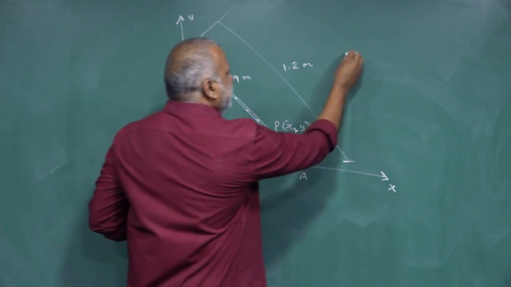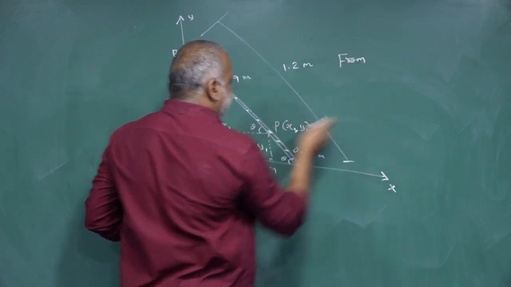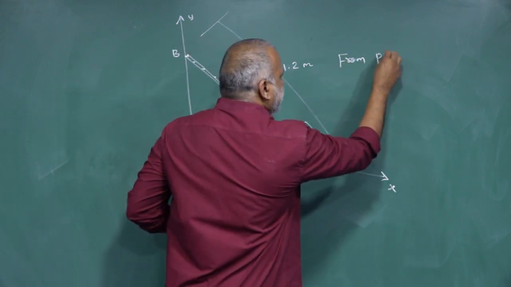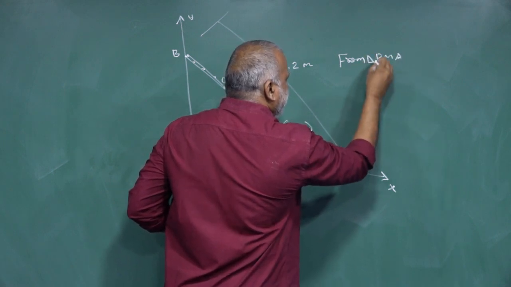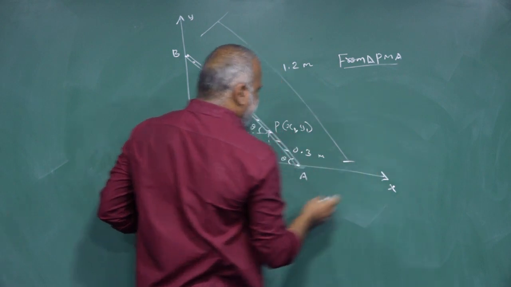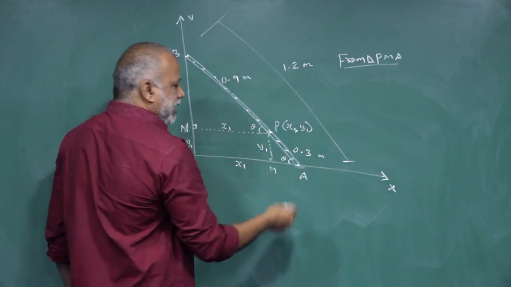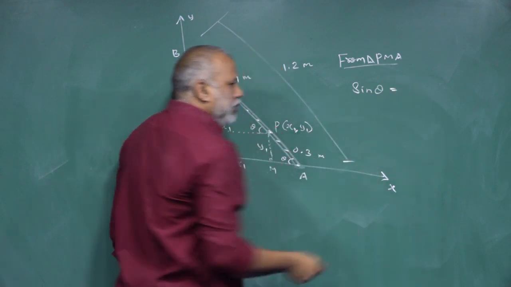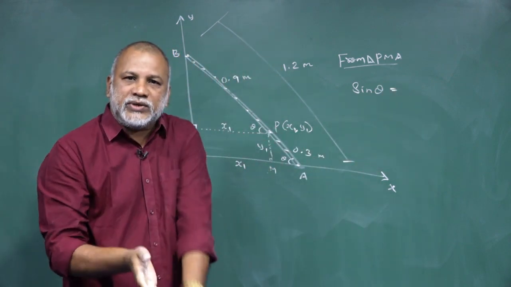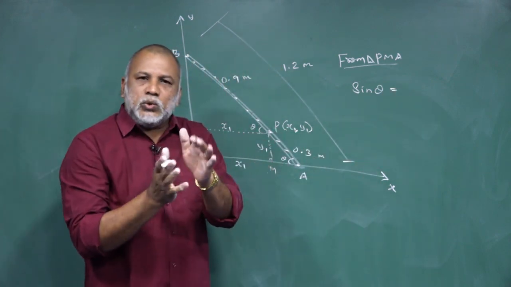So from this right angle triangle PMA, I am finding the sine theta. Why? What are the two sides known?